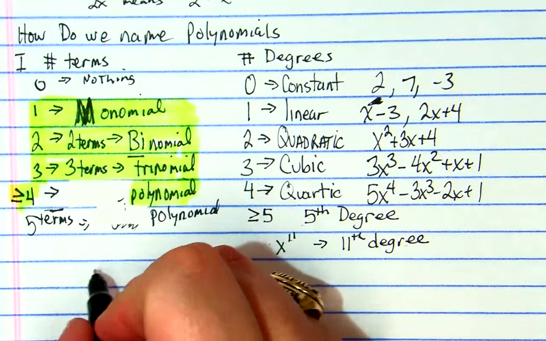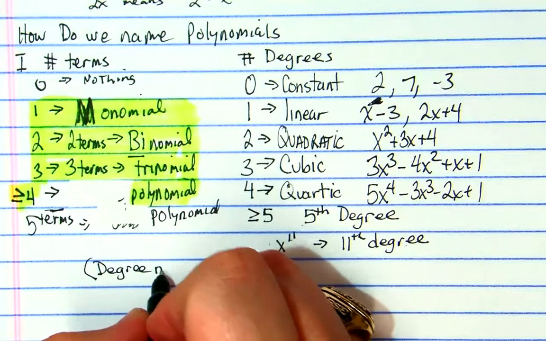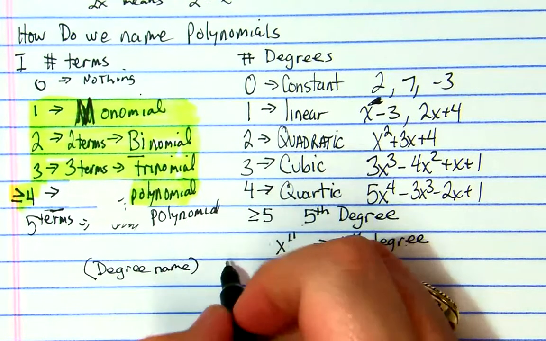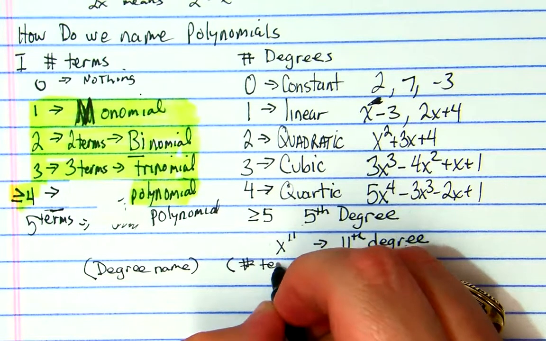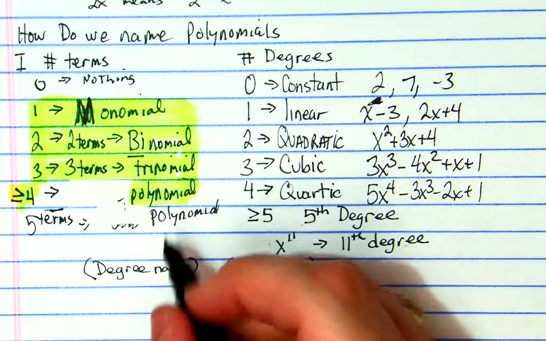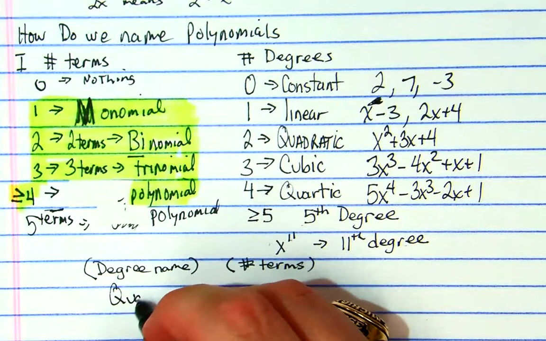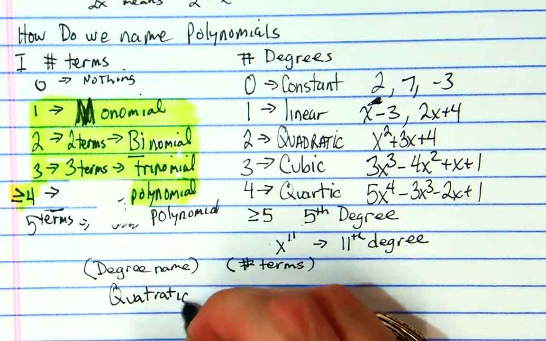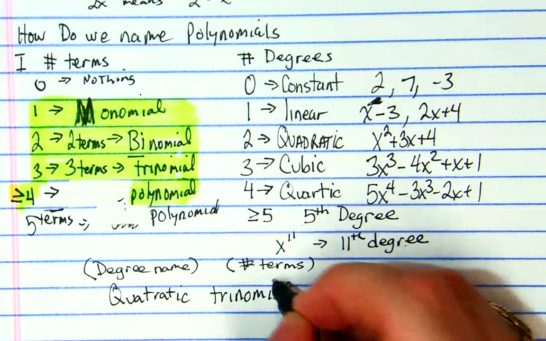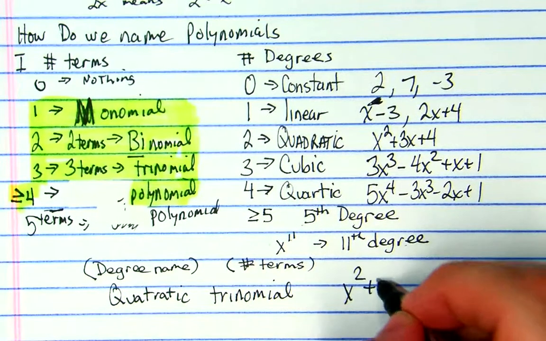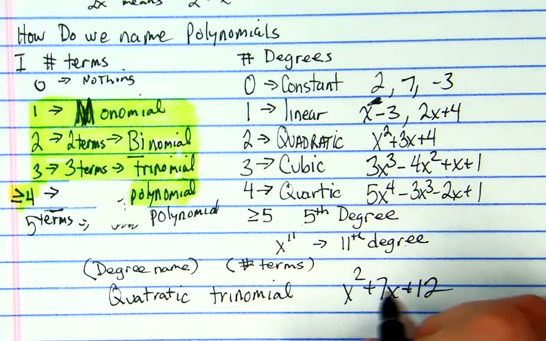The way we form the name is we put the degree name first, and then the number of terms next. So you might say it's a quadratic trinomial if you have x squared plus 7x plus 12. 3 terms, it's a trinomial.